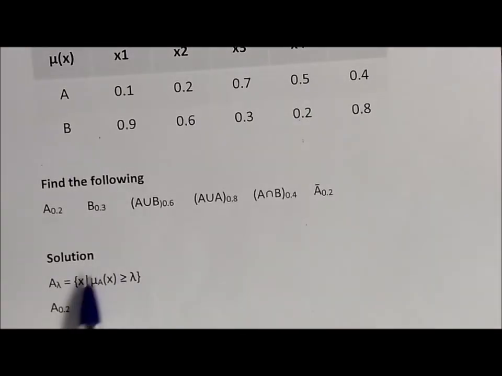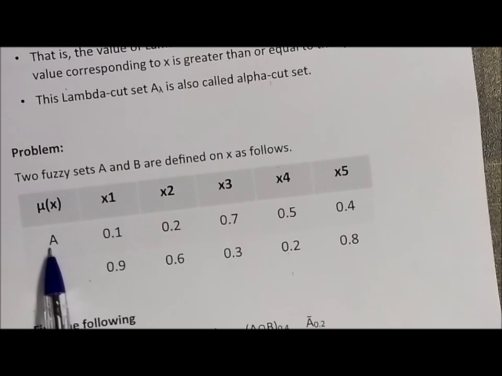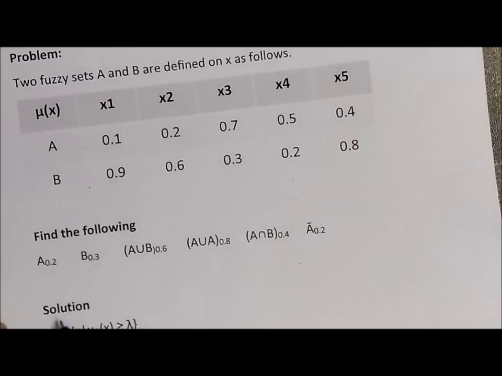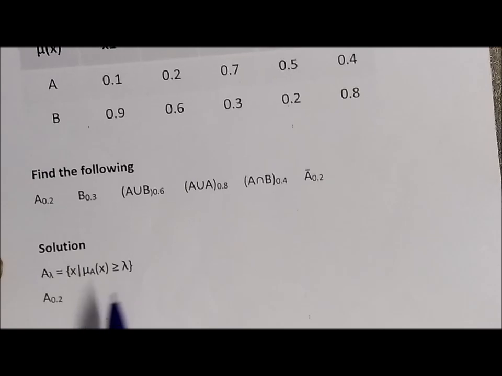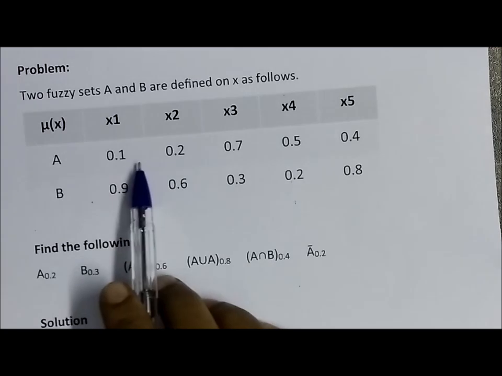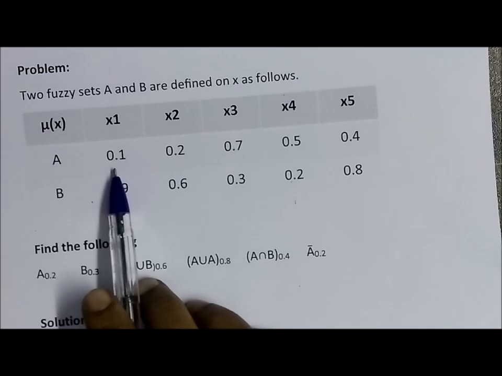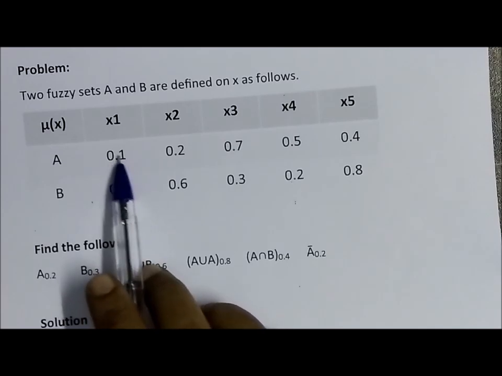So the solution: A lambda is the set where the membership function value should be greater than or equal to lambda. Here we have A 0.2, so in the A set, the lambda value is 0.2, and we have to find the values in the A set which are greater than or equal to 0.2. For x1 it is 0.1, so we don't take it.